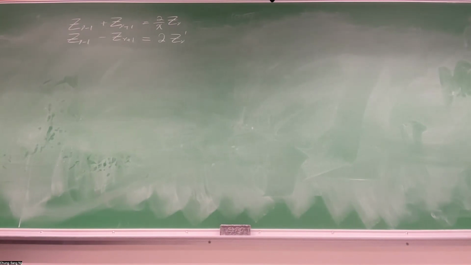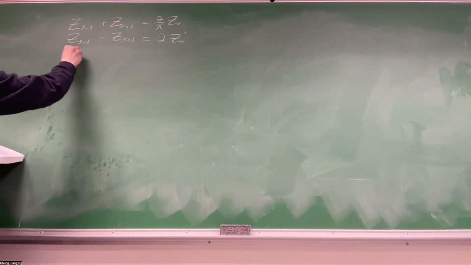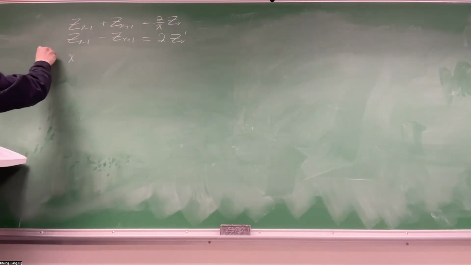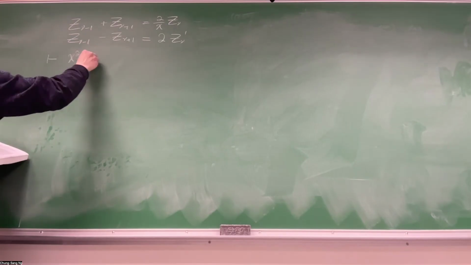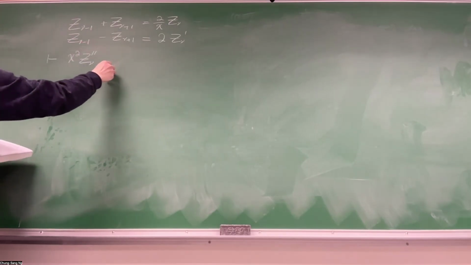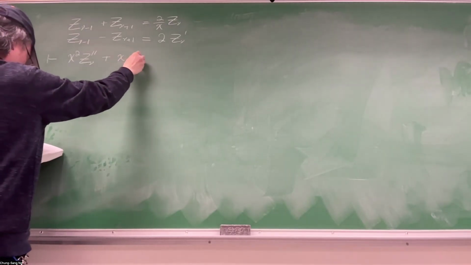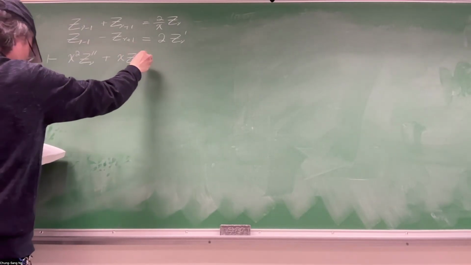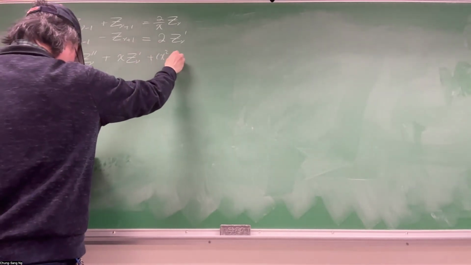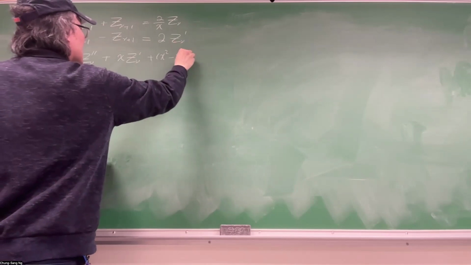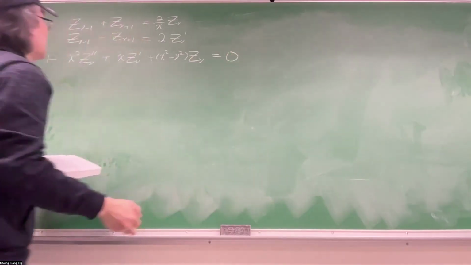So change it to Z. So the equation we want to show that Z satisfy is x squared Z_nu'' plus x Z_nu' plus (x squared minus nu squared) Z_nu equals 0.